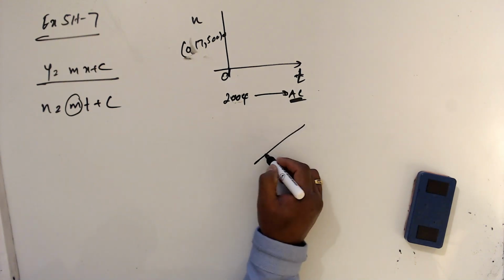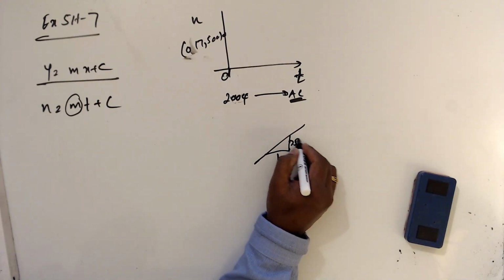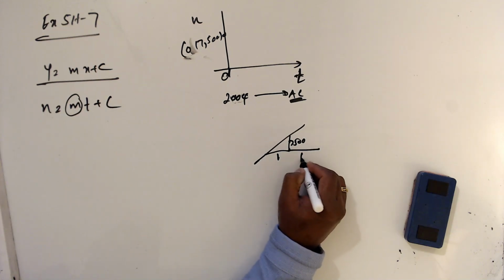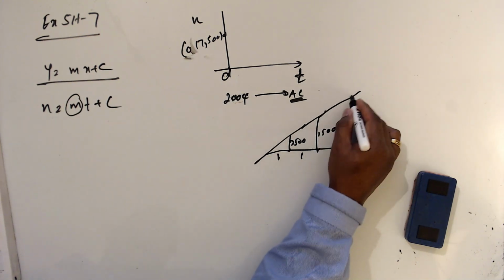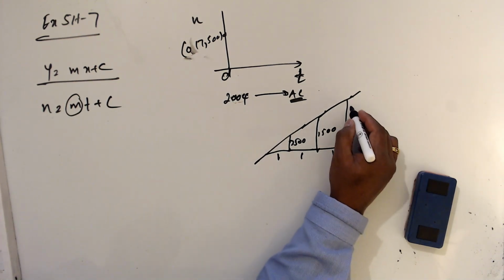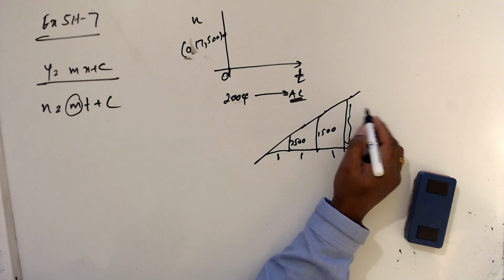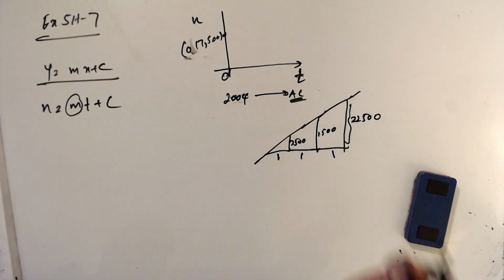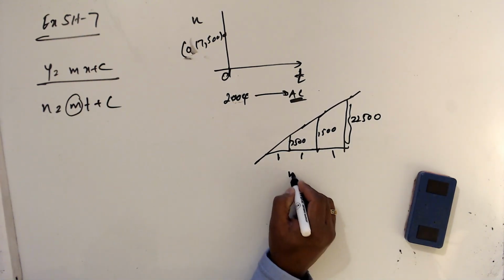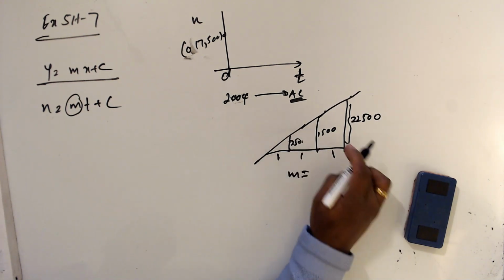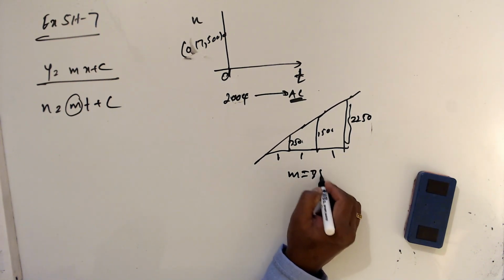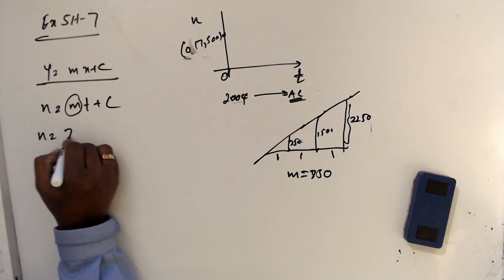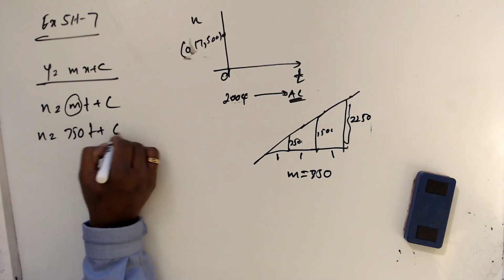It means the gradient is given. In each year 750. Next year another 750, then 1,500. Another year, it's going to be 1, 2, 3, so this height is going to be 750 times 3, 2,250. So M is 750. So N equals 750T plus C.